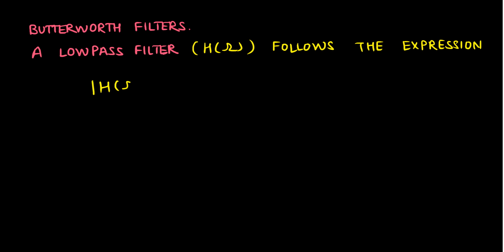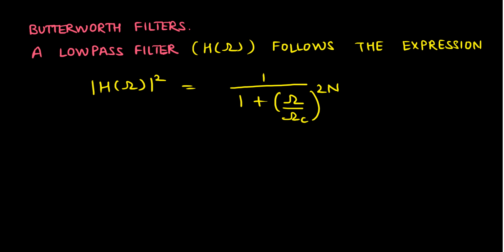mod of H of omega squared is equal to 1 upon 1 plus omega divided by omega c, whole to the power 2n, where this n is the order of the filter and this omega c is the cutoff frequency.